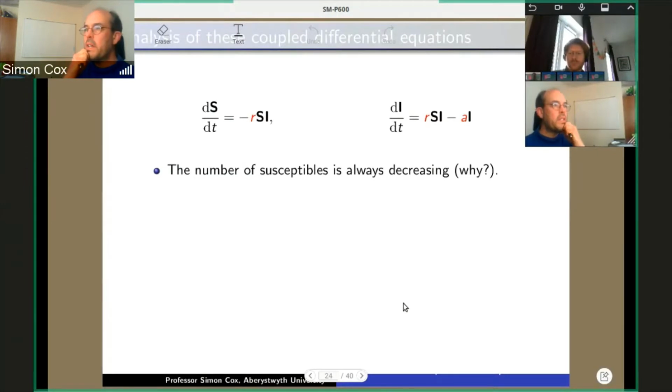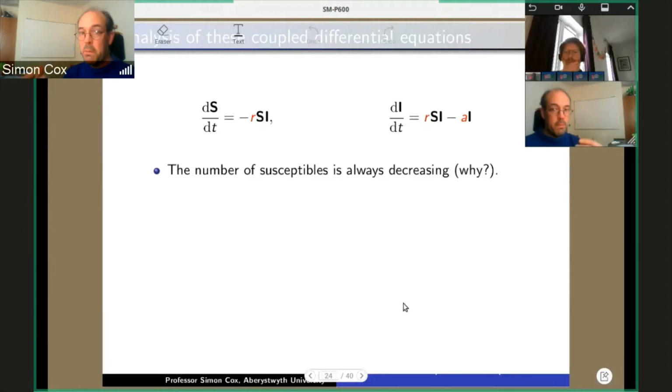Yeah, there's some good answers coming up. That's right. So mathematically, I would say R, S, and I are all positive, and the minus sign means that S, dS by dt, has to be negative. But you can think about the modelling, and yes, once you've gone from susceptible to infected, you can't come back in my model.